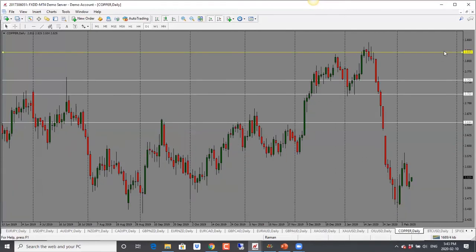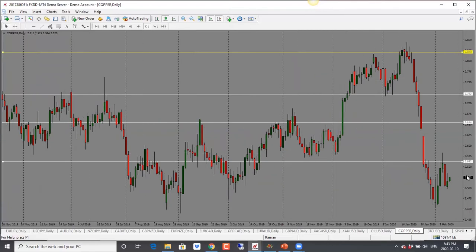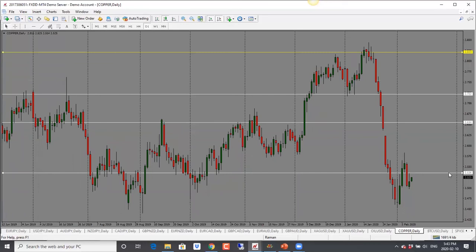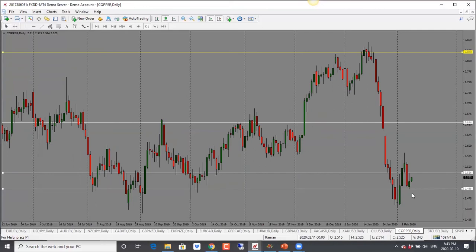Copper here, we see that price has rejected the support resistance level and is holding below 2.53. So at this point, we'll have to just wait and see. This is looking neutral here. We do have bullishness in the candle, but we also have a long wick on top. So in this case, bias is neutral.